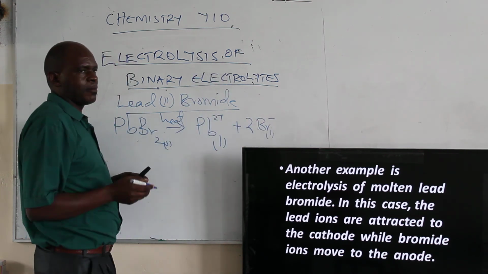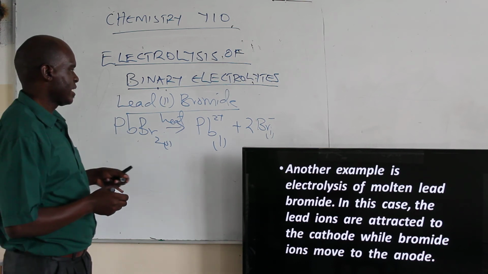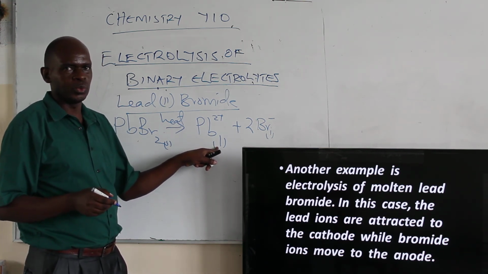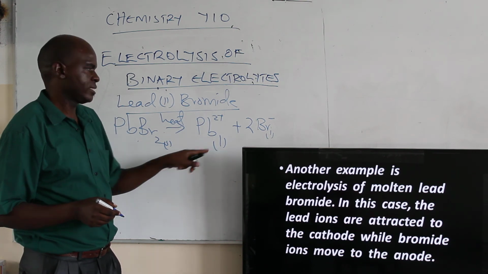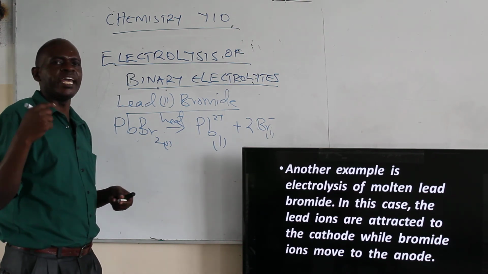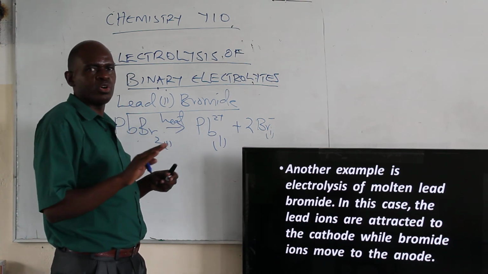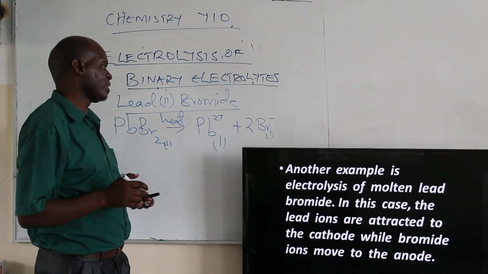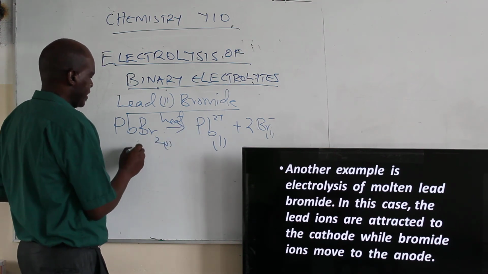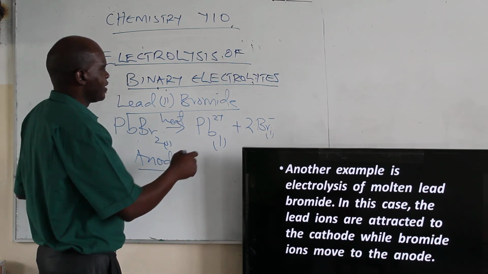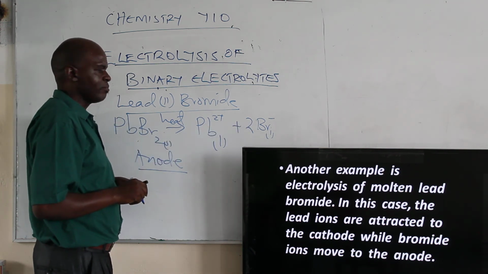Remember that for any substance in the molten state, the state symbol is l. It's not aq, it's l, molten substance. It is only aq if that substance has been dissolved in water, but if it's only molten, then the state symbol is l.